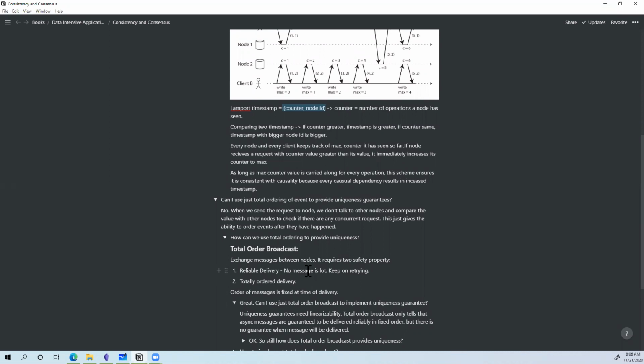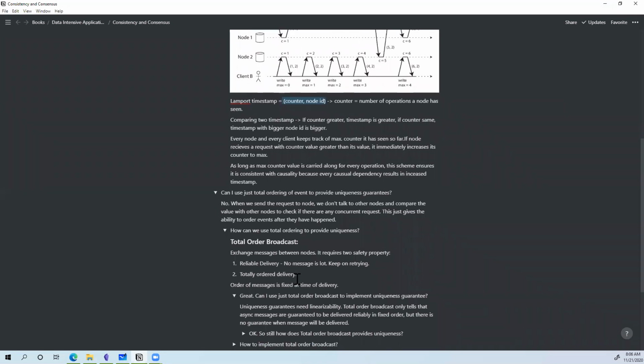But there is no guarantee of when these messages will actually be delivered. So just using total order broadcast, we will not be able to implement a uniqueness guarantee, because we don't know the ordering of the messages when they are delivered to all the nodes.